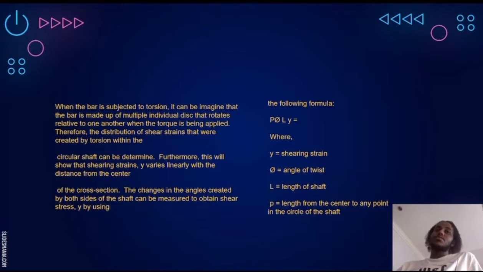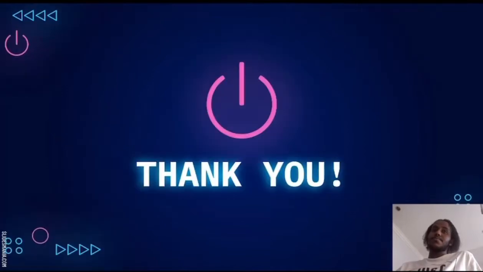Therefore, the distribution of the shear stress created by the torsion within the circular shaft can be determined. Furthermore, this will show that shearing strain varies linearly with the distance from the center of the cross-section. The change in the angles created by both sides of the shaft can be measured to obtain shear stress, and this is the following formula.